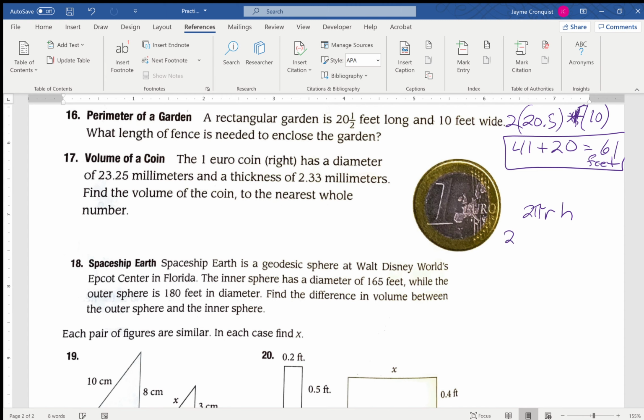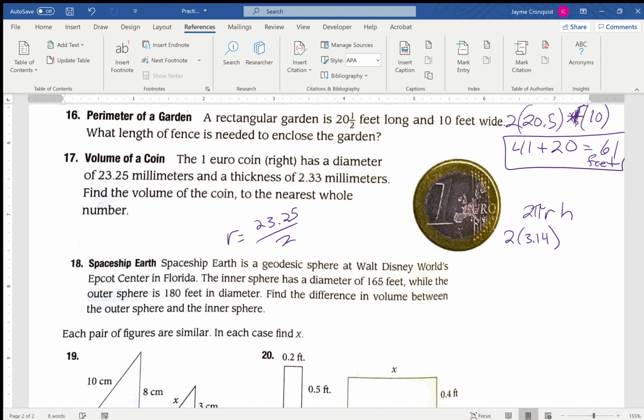So I have 3.14, and r is half of the diameter, so 23.25 over 2.